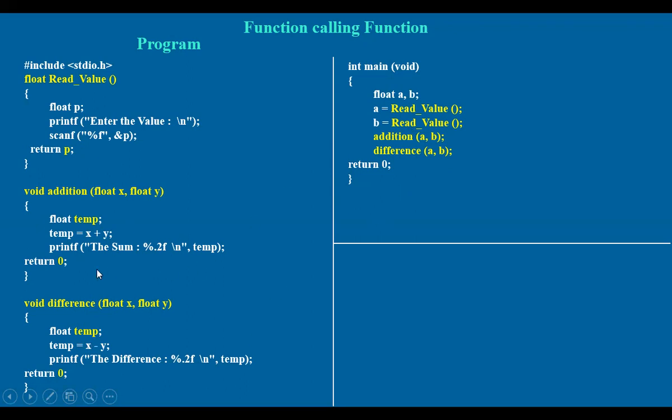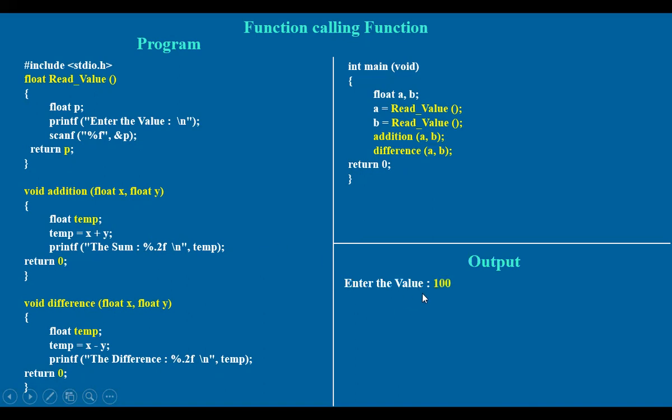That's why, instead of calling this read value function many times inside these functions, we directly used the values in the main program and passed these values to the functions. Clear?